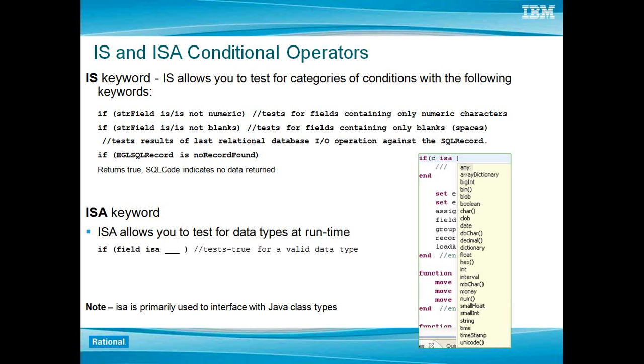For example, if you are not sure about the type of a Java variable, you would use isa. For example, I have a field inside my EGL code and I want to test the condition, okay, if my field is of a Java object type, then I would use my field isa Java object name.